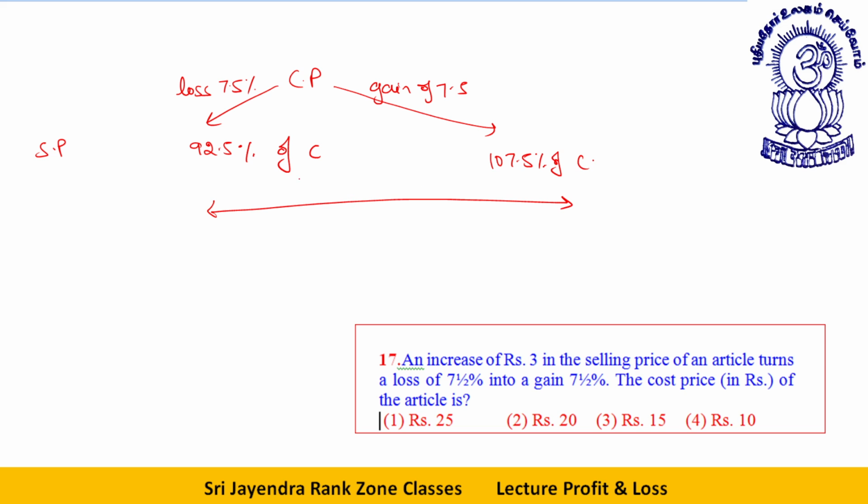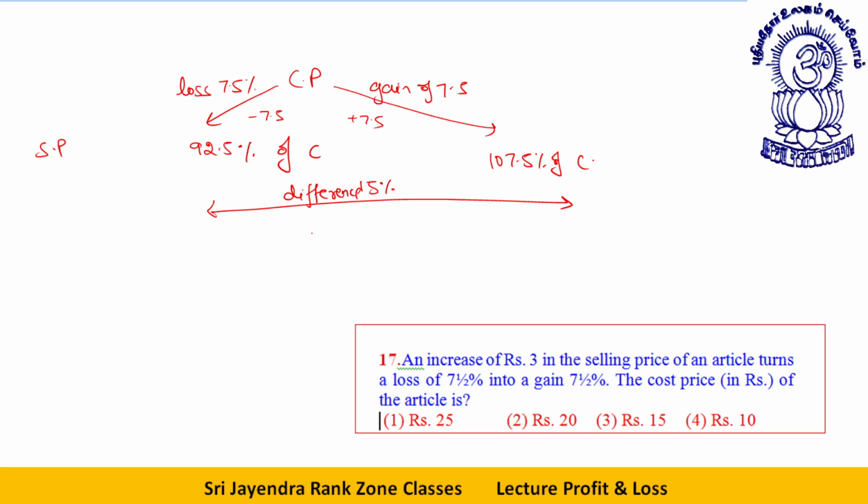So what is the difference here? Here it is minus 7.5. Here it is plus 7.5. I can say the difference is 15%, and this 15% is given to us as rupees 3. An increase of rupees 3 in the selling price of an article turns a loss of 7.5 into a gain of 7.5.